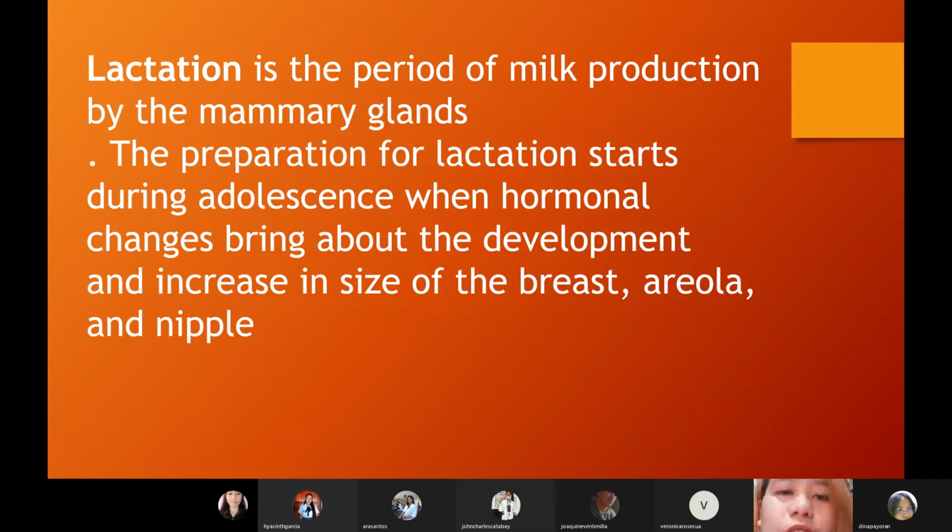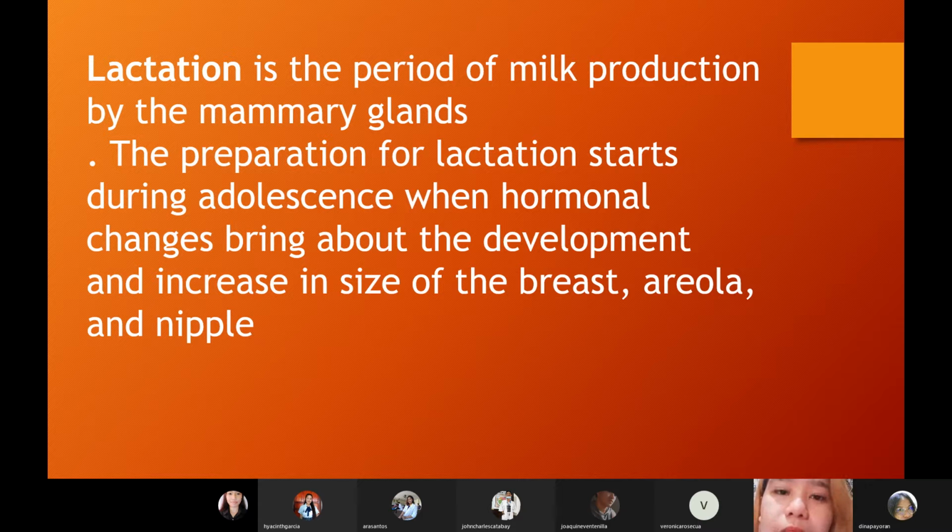Next is lactation. Lactation is the period of milk production by the mammary glands. The preparation for lactation starts during adolescence, when hormonal changes bring about the development and increase in size of the breast, areola, and nipple. So when a mother is in the stage of lactation, there are changes in her breast.